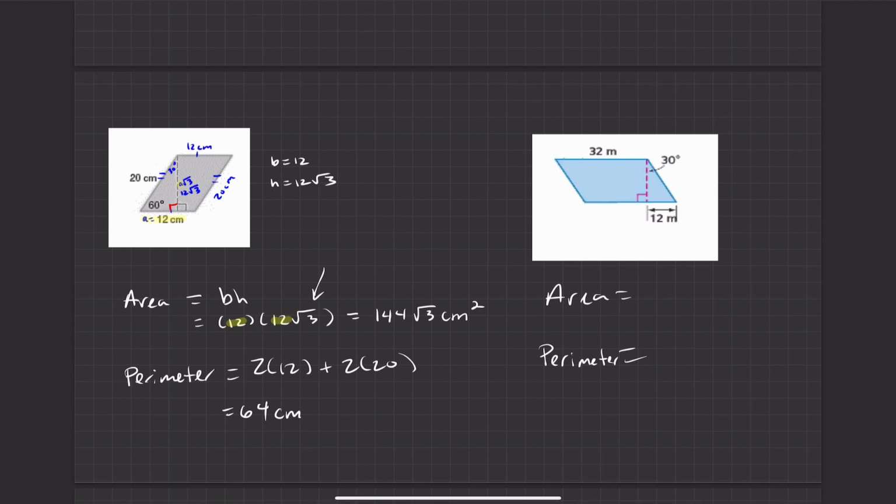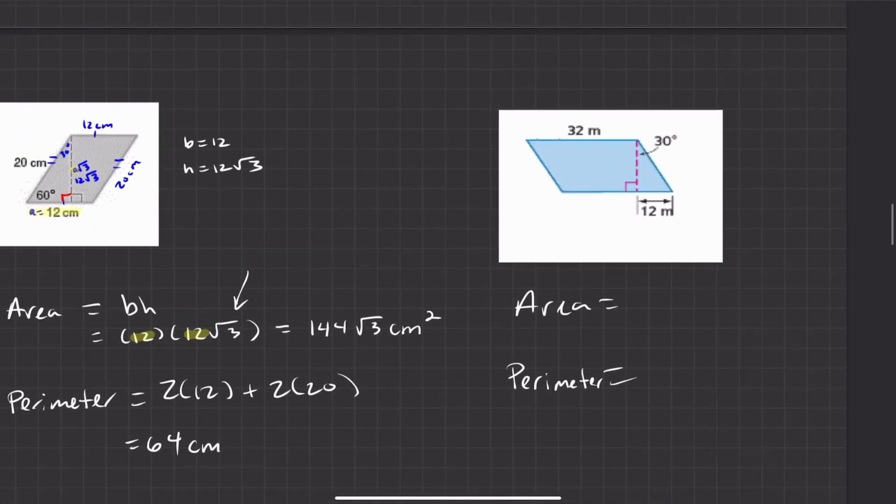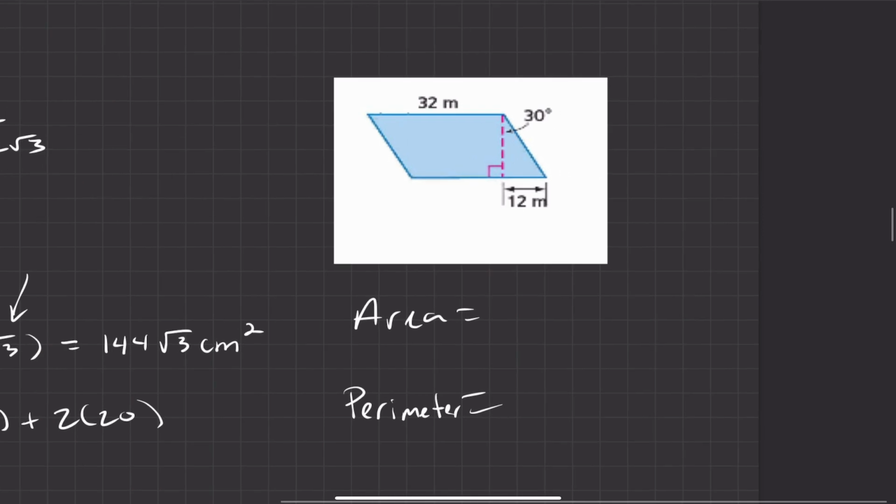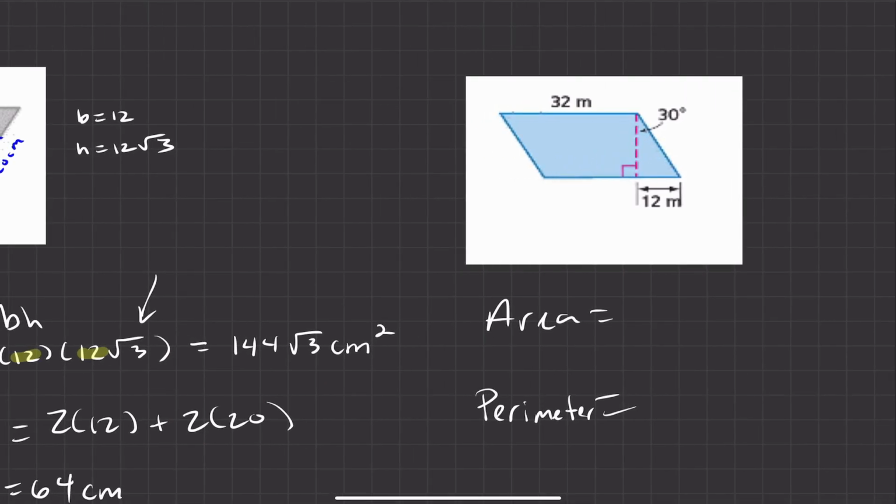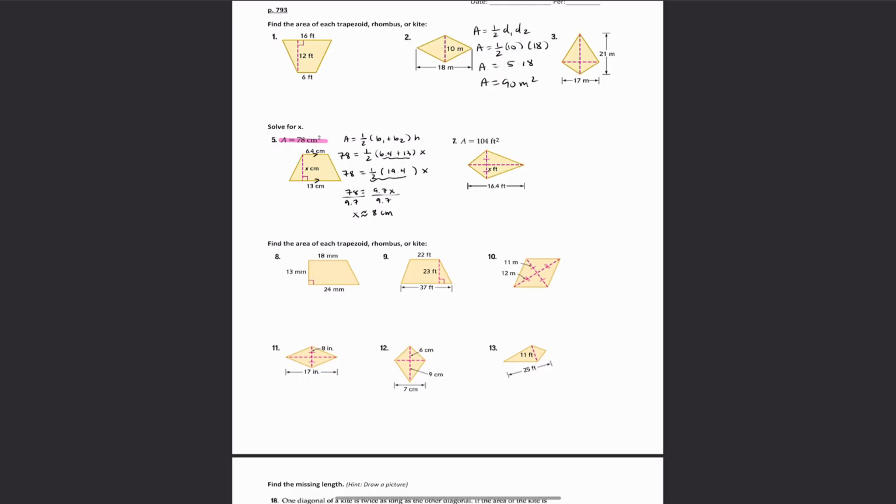Alright, now let's take a look at this example here. Okay, you know, I'm not gonna lie, I wish that this one is a 45, 45, 90. So let me real quickly find one where we use a 45, 45, 90.